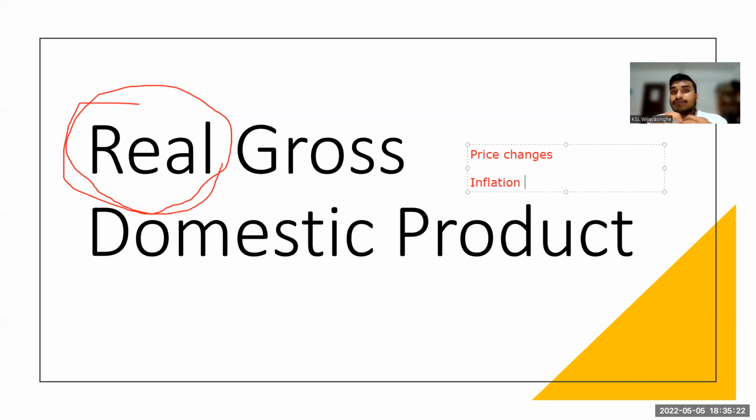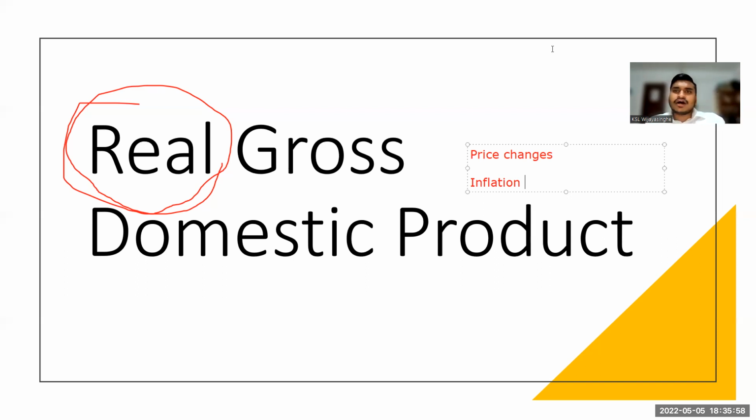Because of the price changes, the value of the product has increased, but that doesn't mean the increase is because of added features or a different model, or a new software update. It's merely because of the price changes, nothing else. The quality is the same, the features are the same, the guarantee period is the same, nothing has changed, only the price has changed. That is because of the depreciation of the rupee and appreciation of the dollar.